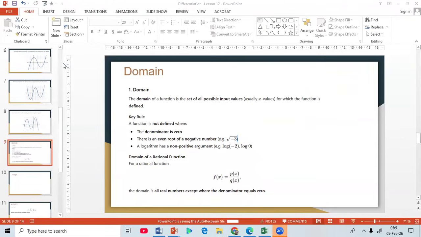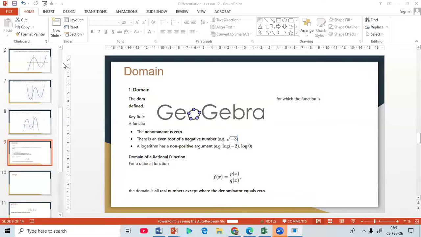Those are the only things we exclude from the domain. But any number which, when you put it in the function, makes sense, we call it a domain value. But if you put in any value and it does not make sense, then it's not a domain value.